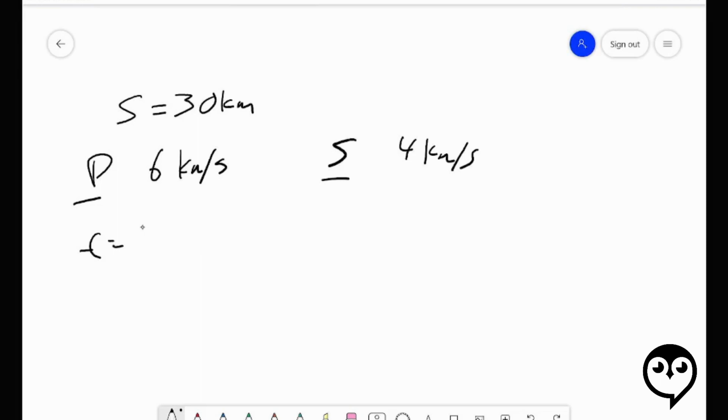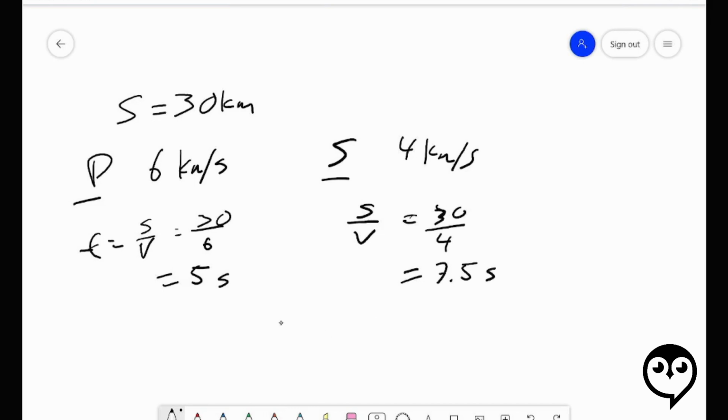All right, so velocity is distance over time, so that means that time is distance over velocity. So, 30 over 6 is going to be 5 seconds, and 30 over 4, that's halfway between 28 and 32, so I'll say 7.5 seconds. So the time delay when you subtract the two should be 2.5 seconds.